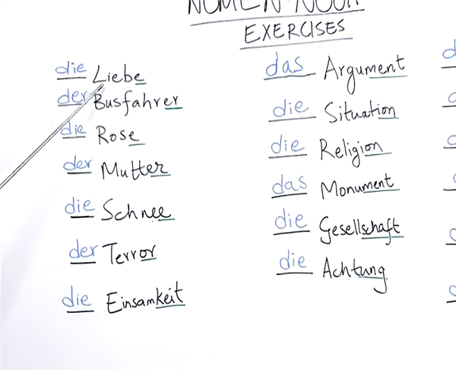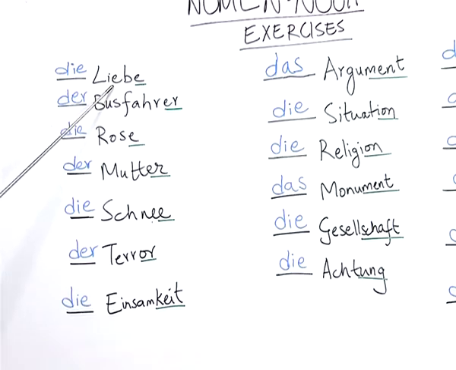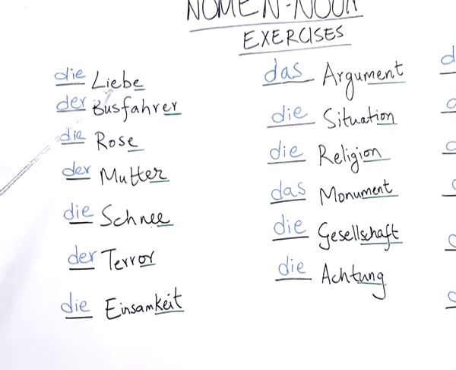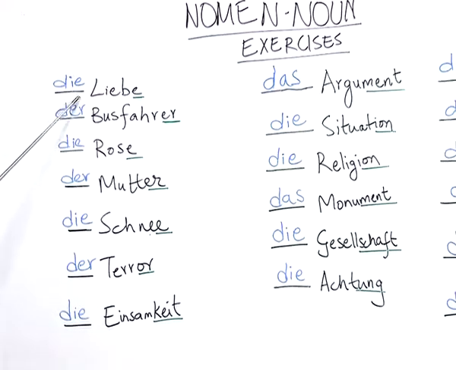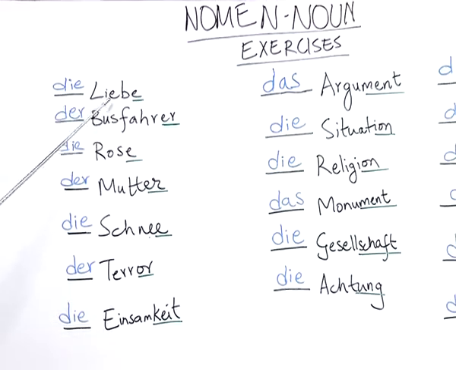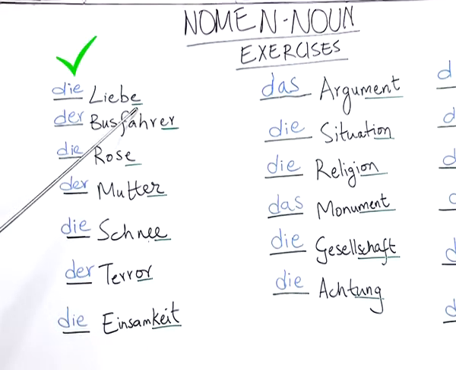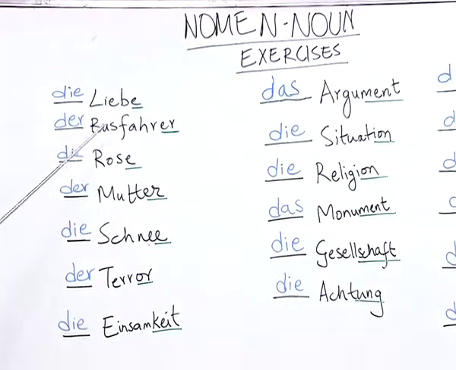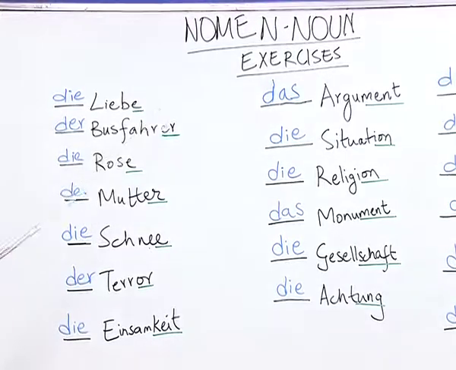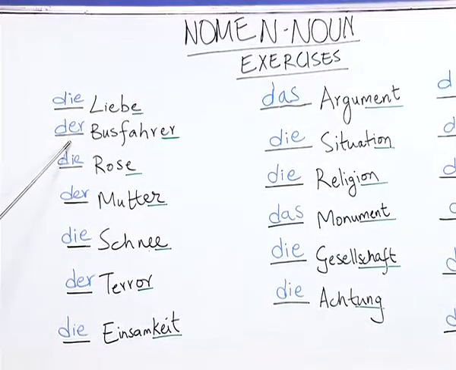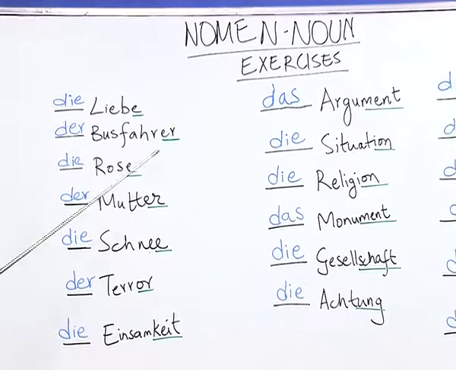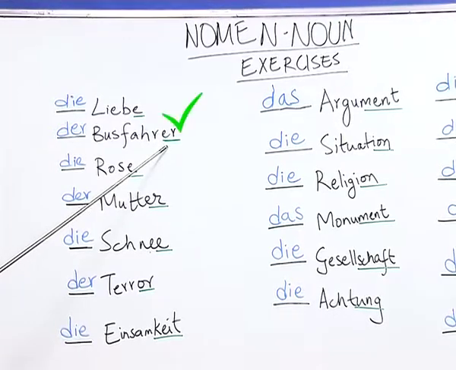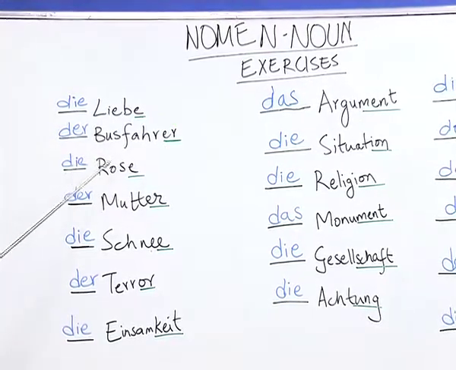Let us look at this noun, die Liebe, which means the love. Here the student has written the article die, which is correct because the noun carries the ending -e. Busfahrer, bus driver. The student has written the article der, which is correct because of the ending -er, which is mostly the case for masculine nouns.